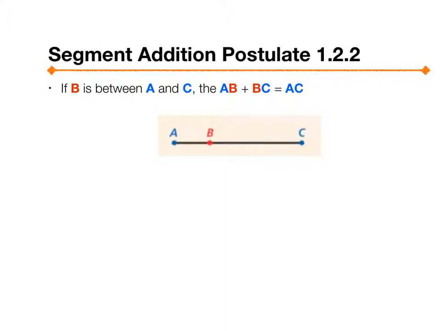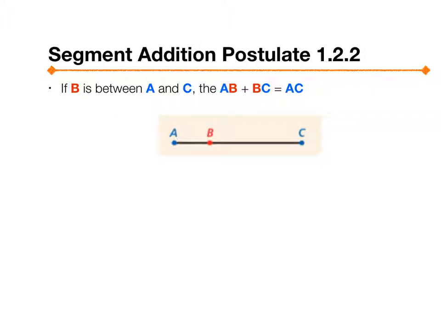Okay, the segment addition postulate. If B is between A and C, then AB plus BC is equal to AC. So if I were to walk 10 miles to go to Chick-fil-A, stopped, ate lunch, walked another 12 miles to go home, how many miles did I walk? 22.